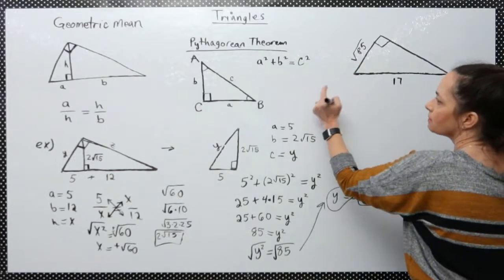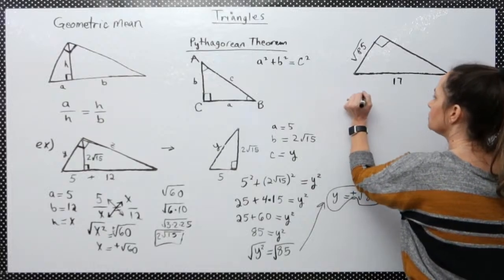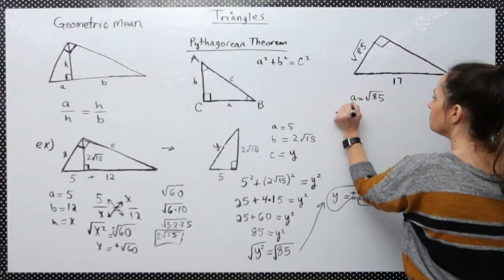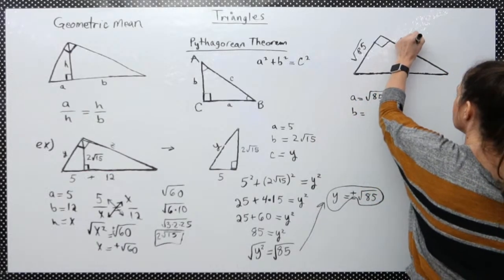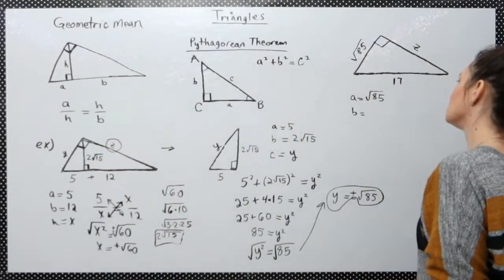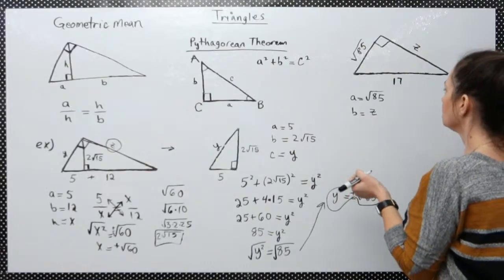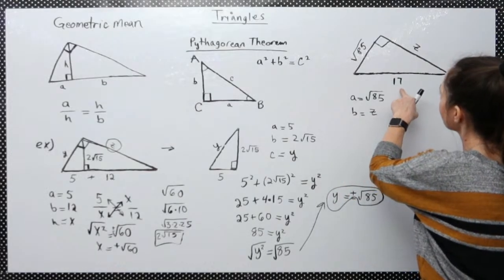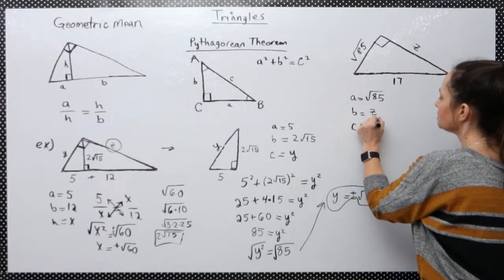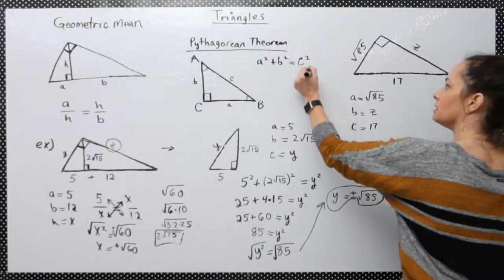According to my Pythagorean theorem here, a equals, we'll call that, the square root of 85. B, in this case, is my z value here. So z is going to be unknown. And then C, my hypotenuse, is going to be 17. So then we'll plug it into our formula.